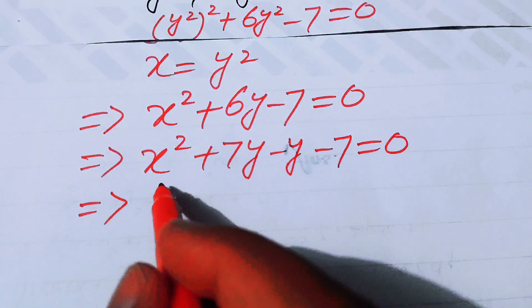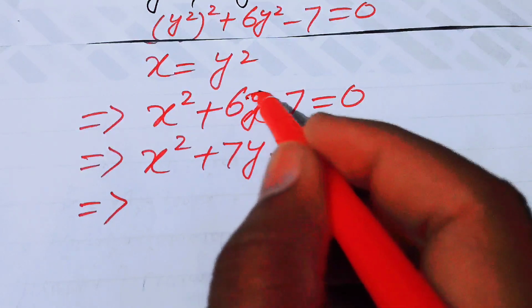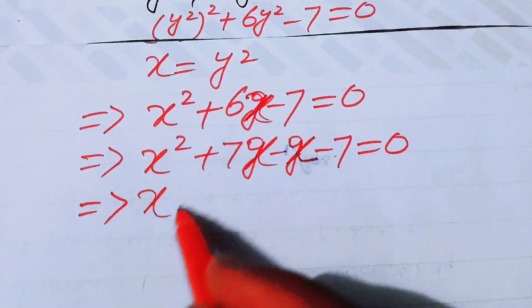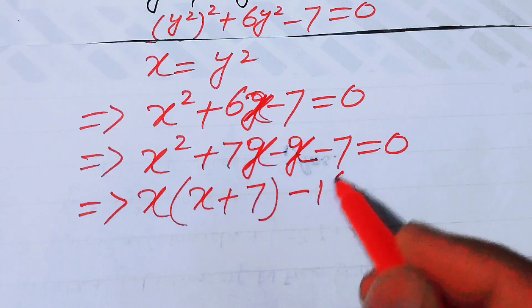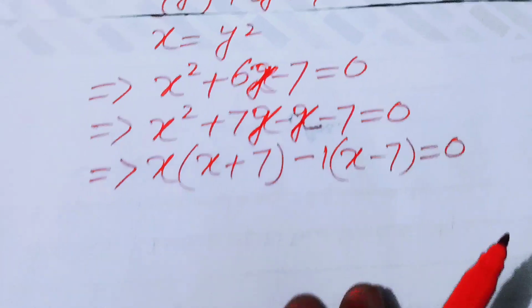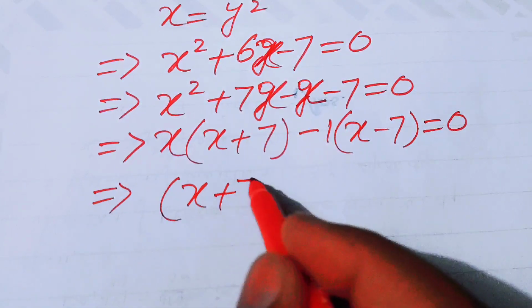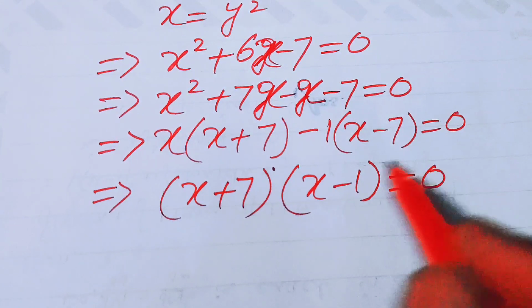And now, this is the x term, so we can write here: take common x and you get x plus 7, and here you take common minus 1 and you get x plus 7 is equal to 0. And now we can just take common x plus 7 and you get x minus 1 is equal to 0.